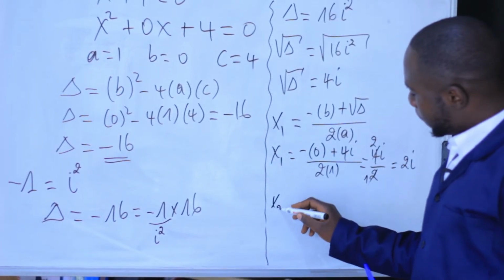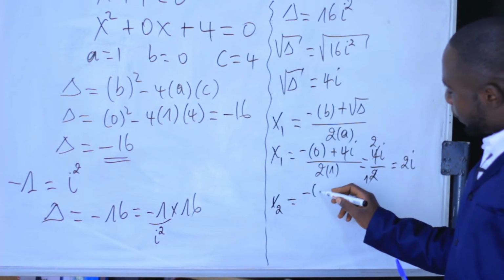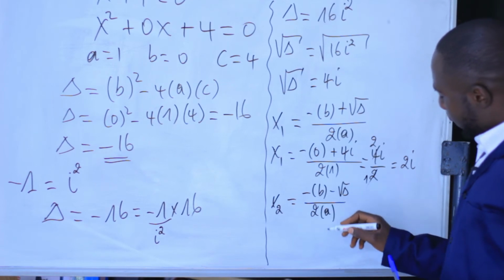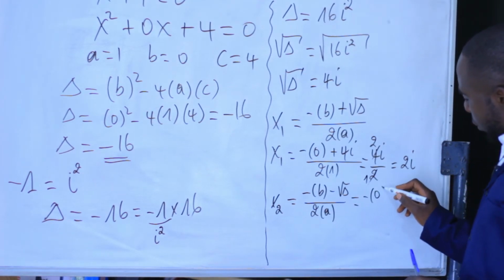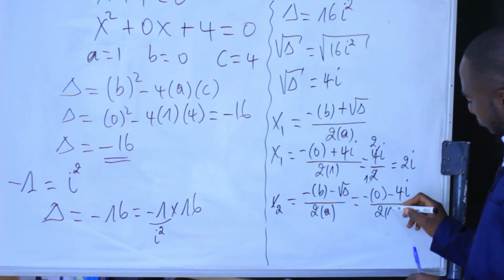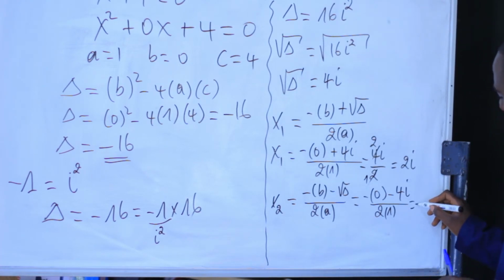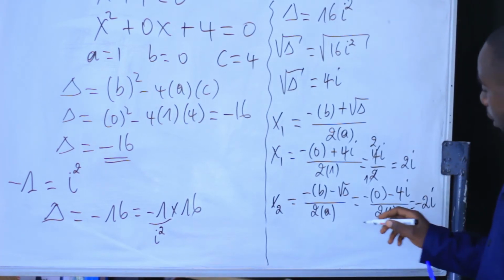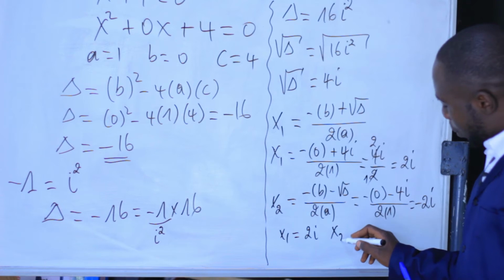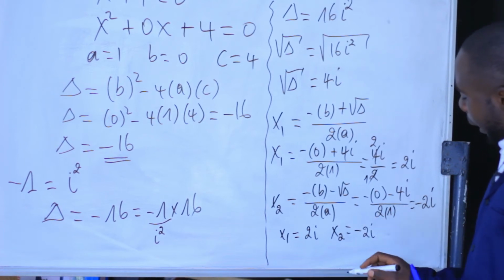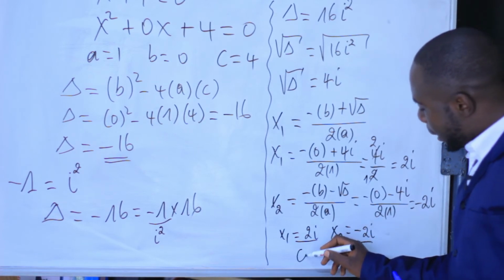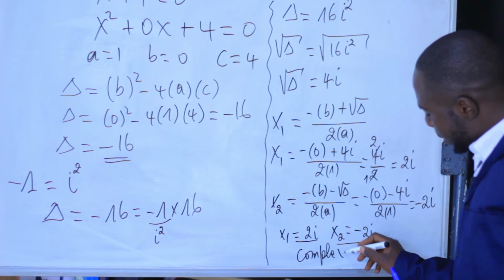Then x2 will be equal to negative b minus the square root of the discriminant, over 2a, which is negative 0 minus 4i over 2. We shall also have negative 2i. x1 is equal to 2i, while x2 is equal to negative 2i. These x1 and x2 are called the complex roots.